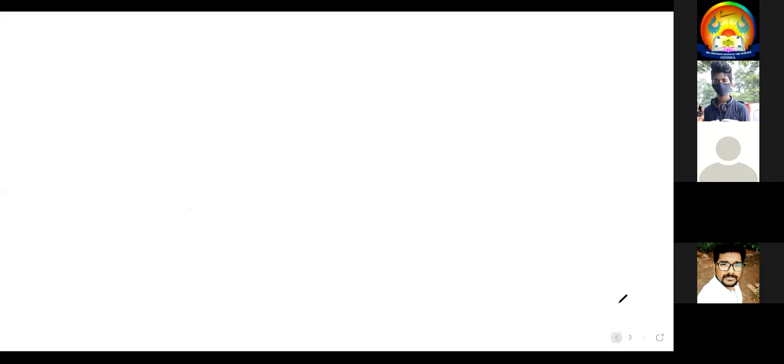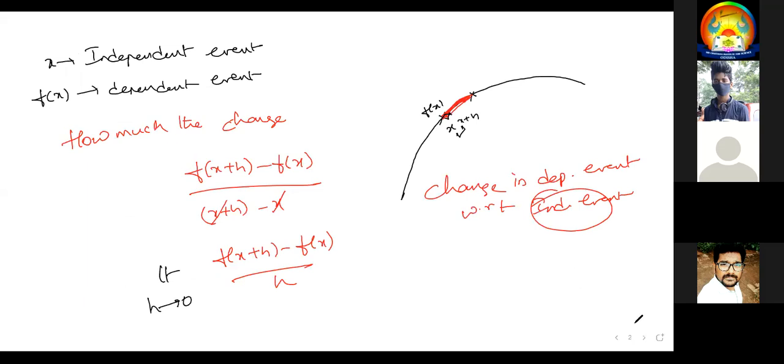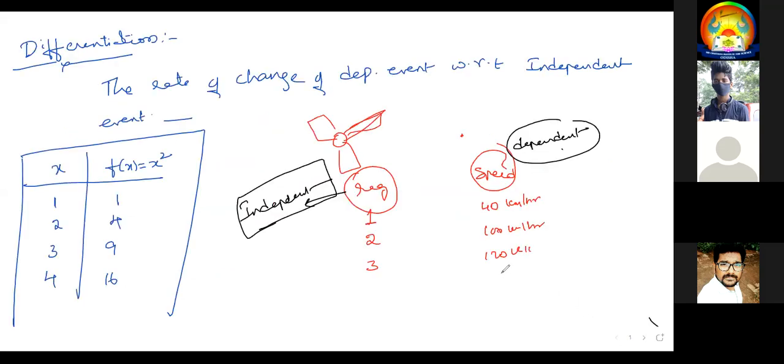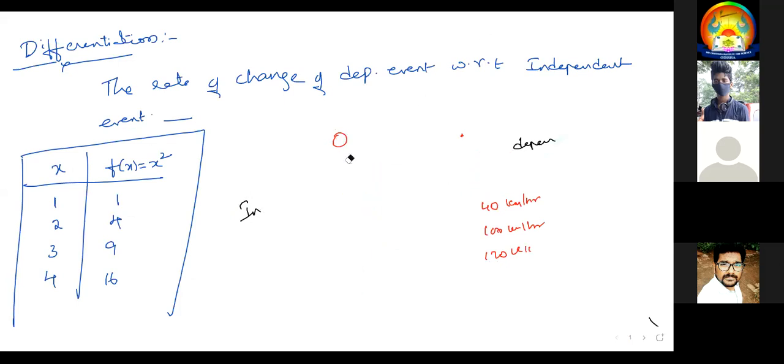Okay, good example. So I'm talking about differentiation. Whenever we are talking about differentiation, we need 2 types of events. One is the dependent event, the other is the independent event. How much the dependent event changes with respect to the independent event is called differentiation.